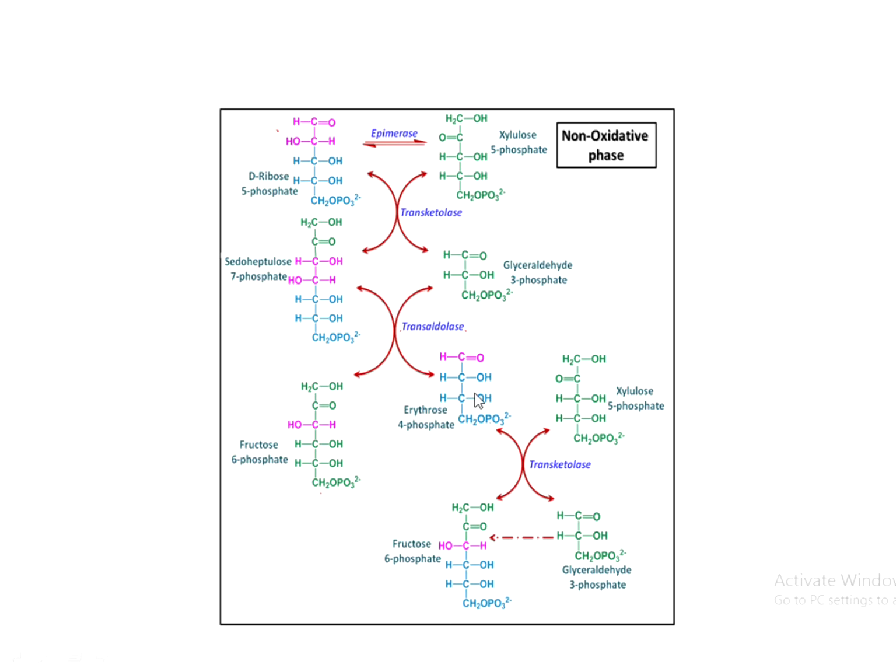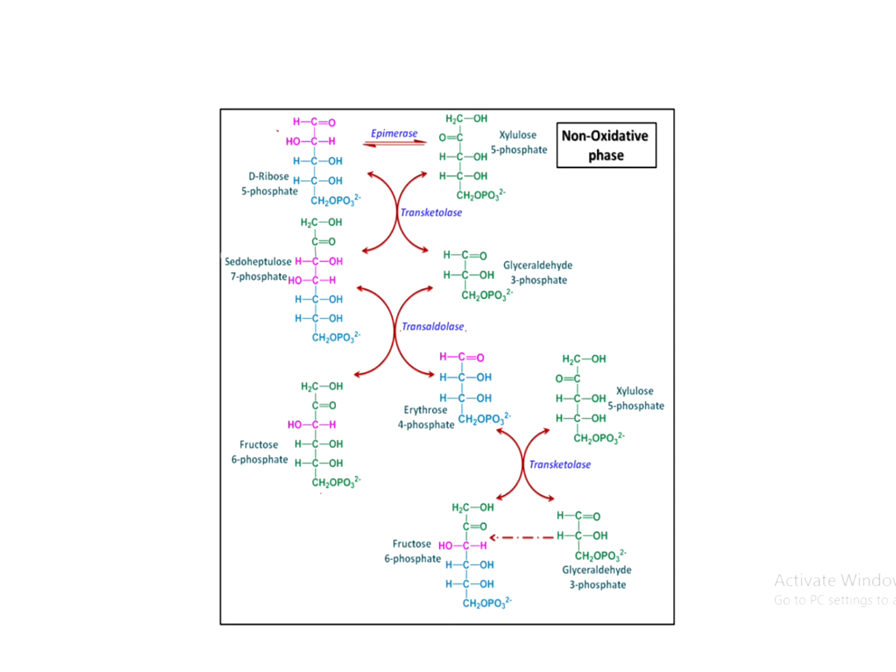Then this erythrose 4-phosphate is converted into fructose 6-phosphate. Then with the help of transketolase, xylulose 5-phosphate reacts and results in glyceraldehyde 3-phosphate. This is the HMP shunt pathway.